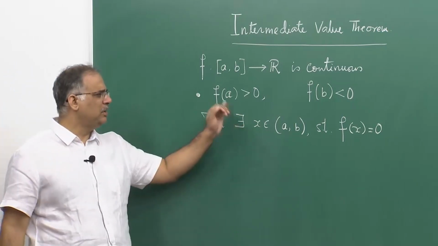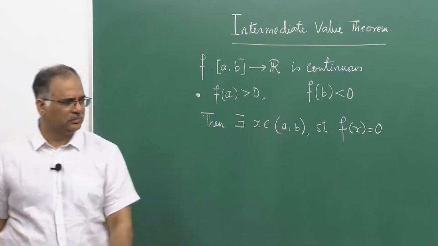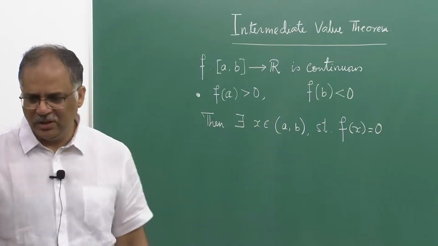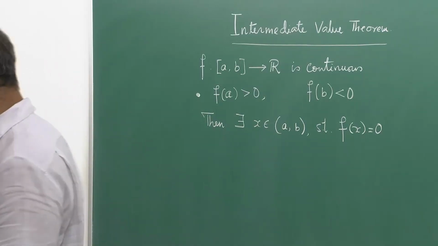Obviously, this x cannot be any of the endpoints because the endpoints are not 0. So, this is what is called the intermediate value theorem.